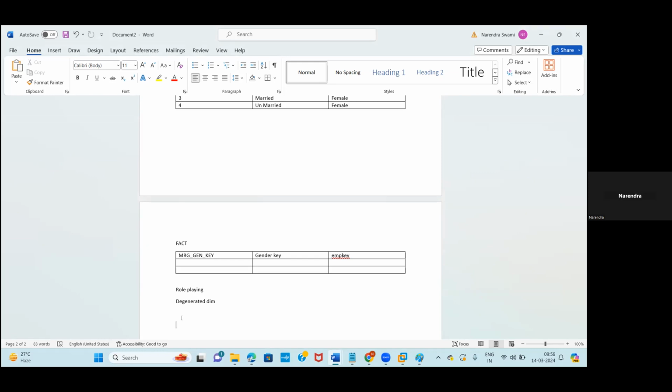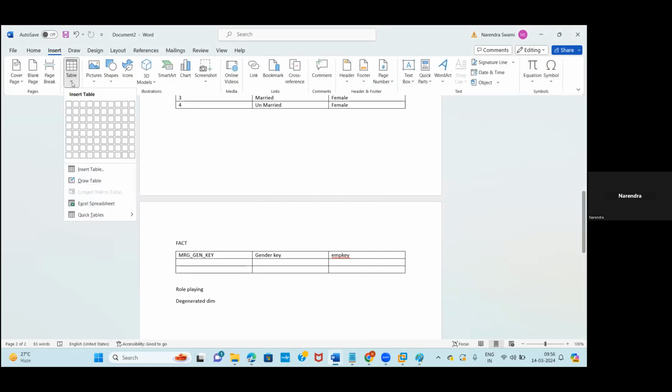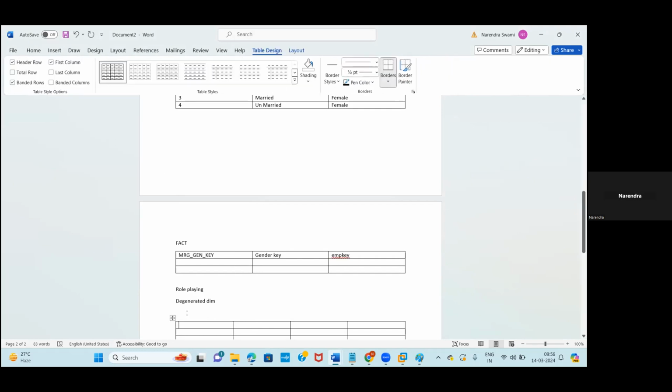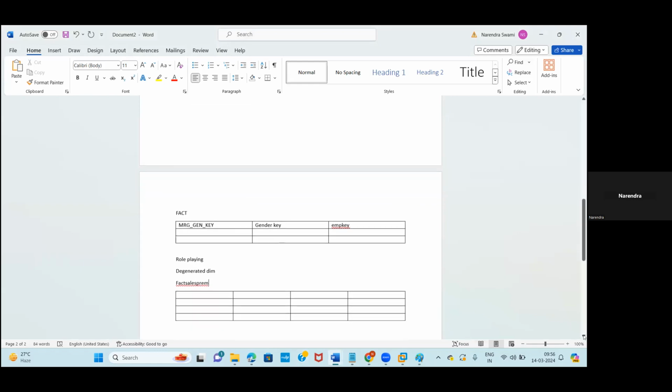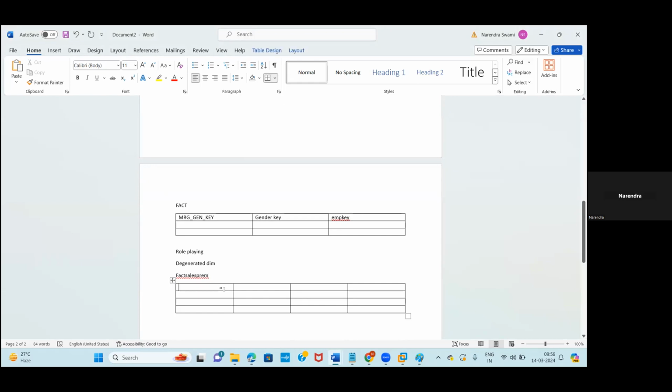For example, I will take the same sales table, fact sales trim is the table, and this table has an order key and a shipping date key or something, and a delivery date key or something.